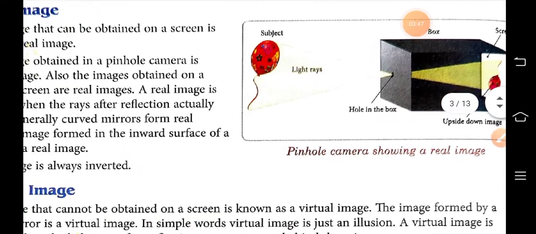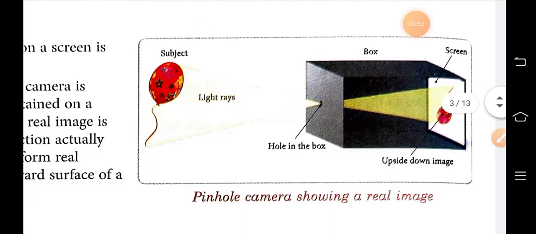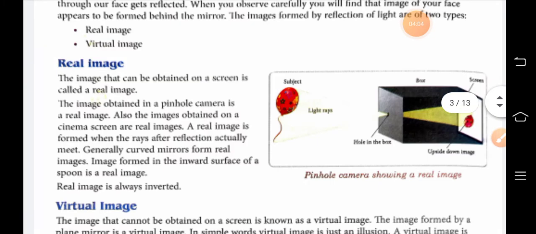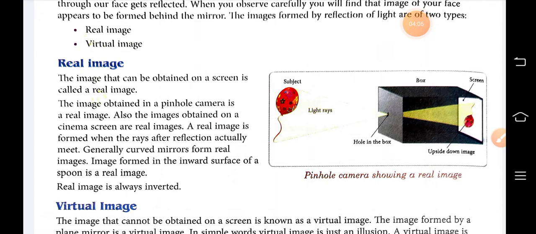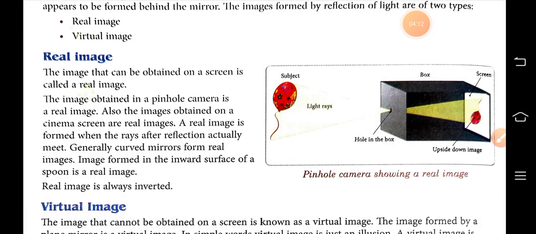See here one example of a pinhole camera. Through this pinhole camera, the image is forming on the screen and it is upside down. This is a real image because the image is forming on the screen. Also, the images obtained on a cinema screen are real images.